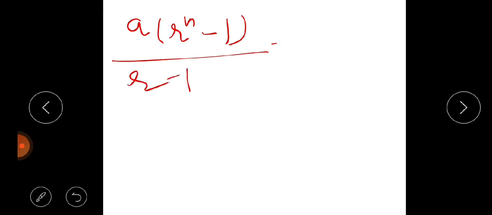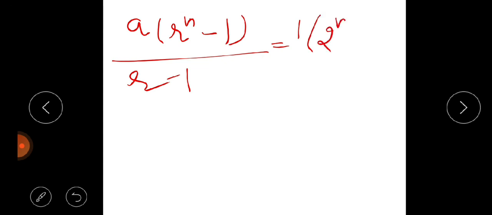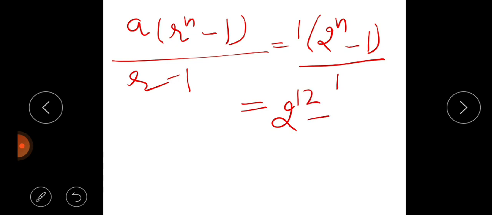Clear? So A is 1 and R is 2. So 2 raised to power n minus 1 upon 2 minus 1, 1. So n is 12. 2 raised to power 12 minus 1. That's your answer. So you can solve the value of 2 raised to power 12 and subtract 1 from it.